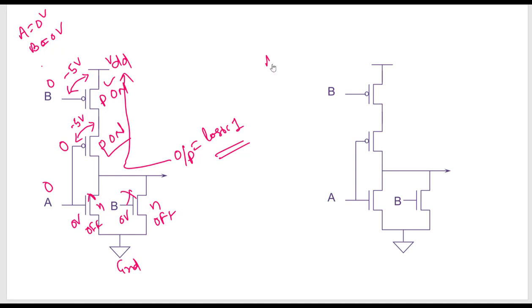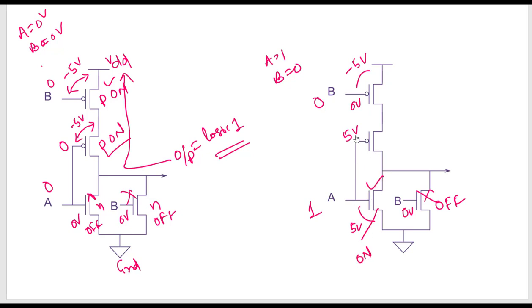If you consider A equals 1 and B equals 0, when you take B equals 0, this will be 0 volts. That means effectively minus 5 volts here. And A is 1. 1 means 5 volts here. This 1 means this also is 5 volts. B is 0, so 0 volts here. That means this transistor will be off. But this is 5 volts, so this will be on, and this is 5 volts, so this will be off.